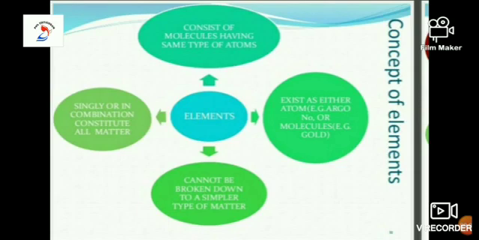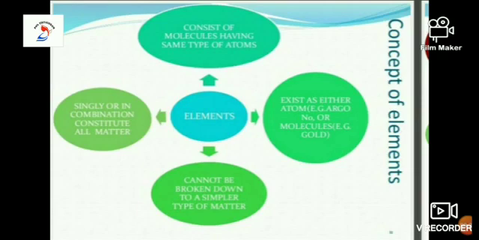It exists either as an atom or as a molecule, appearing in a single form or in combination, that constitute all matter. In the future sessions, we will be studying the classification of elements.